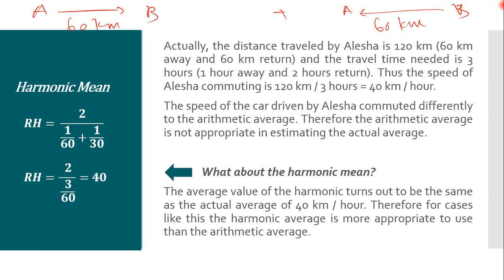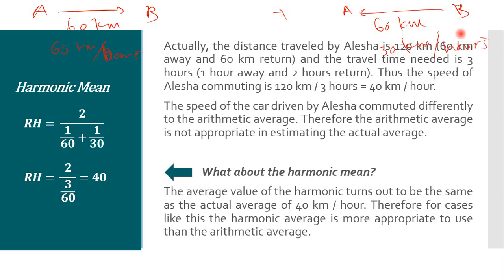So the difference is the time of the travel. The first trip's speed is 60 km per hour, and the return travel is half of that, 30 km per hour.